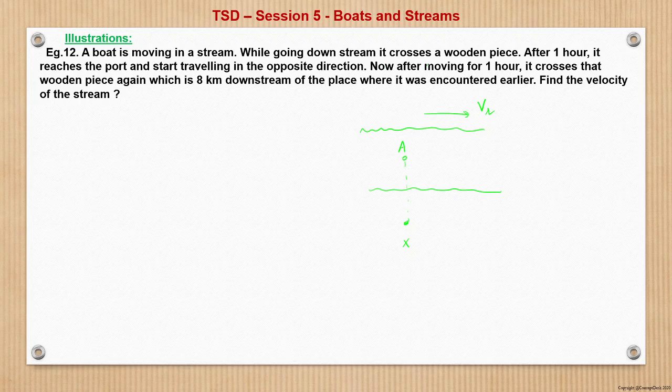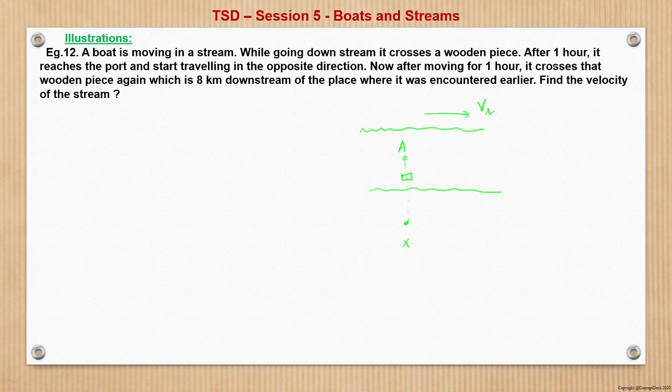Suppose here it crosses a wooden piece. So the wooden piece is here, right?